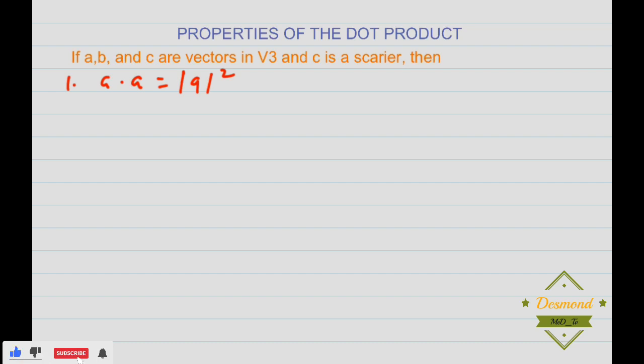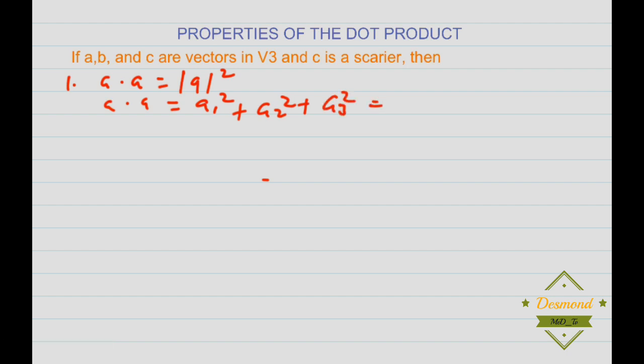If you have A dot A, this should be equal to A1 squared plus A2 squared plus A3 squared, which is equal to the magnitude of A squared. That's how to prove it.